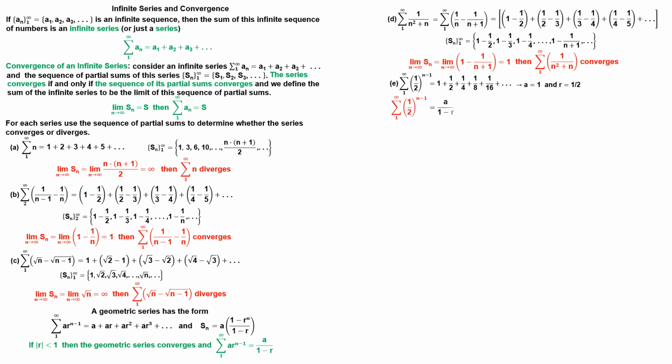Since the common ratio is between -1 and 1, the series does converge. We set up the formula to calculate the sum of the geometric series. We replace a with 1 and r with half. The sum of this geometric series is 2, so it converges.